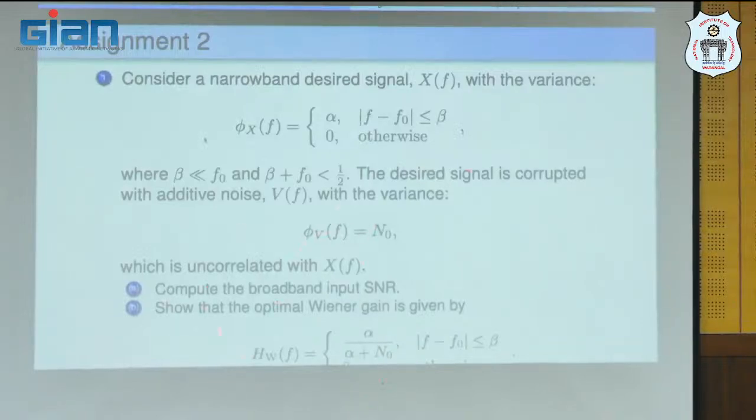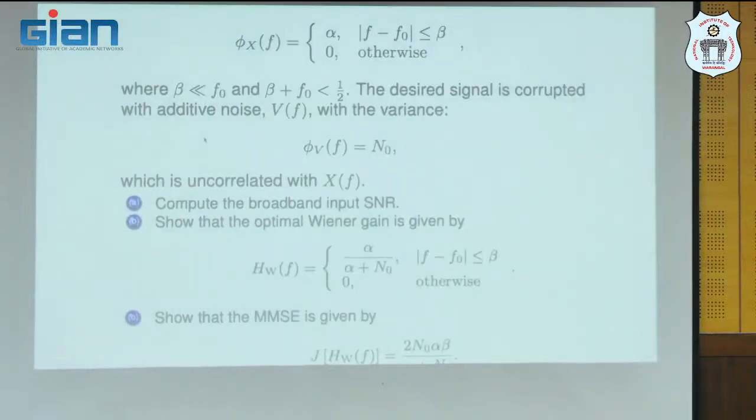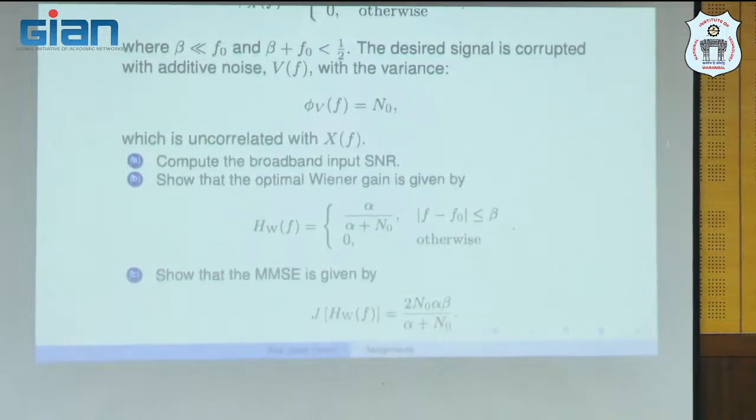And then I ask you to compute a few things: the input SNR, the Wiener gain. It's quite simple. And then to compute the broadband input SNR, and to compute the optimal Wiener gain, and show that the MSE looks like this.